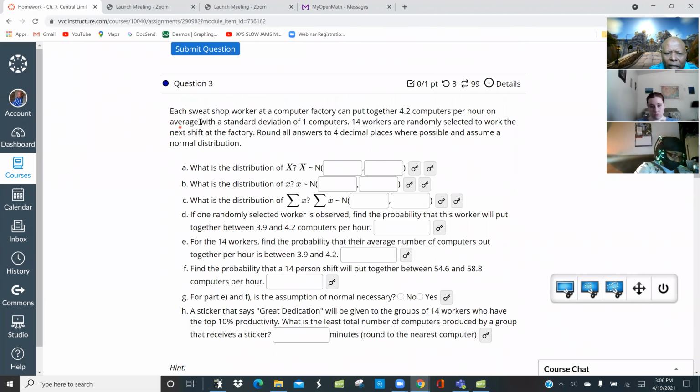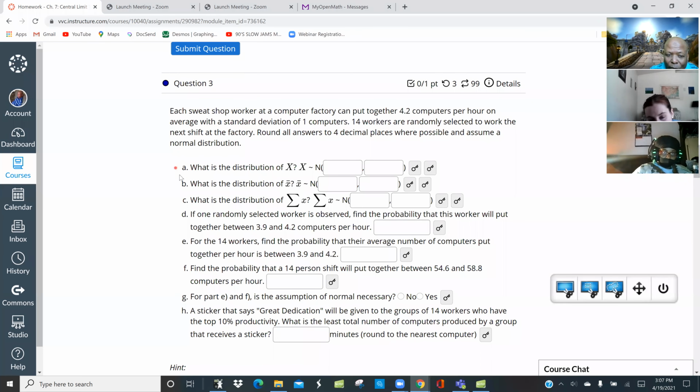It is about each sweatshop worker in a computer factory who can put together 4.2 computers per hour on average with a standard deviation of one computer. 14 workers are randomly selected to work the next shift at the factory. Round to 4 decimal places, assume a normal distribution. Of course, in this case, it's going to be a yes. We need to assume normality. The rest of the stuff from A to F, follow what I did in my previous example.